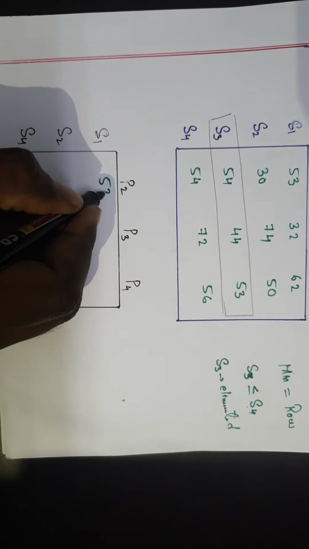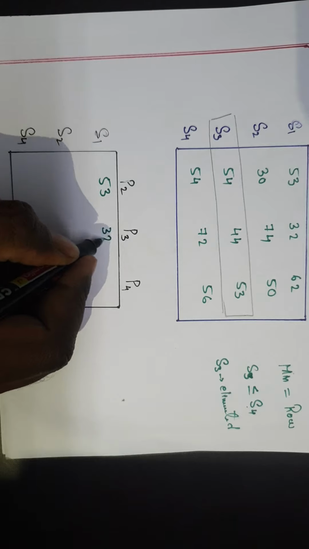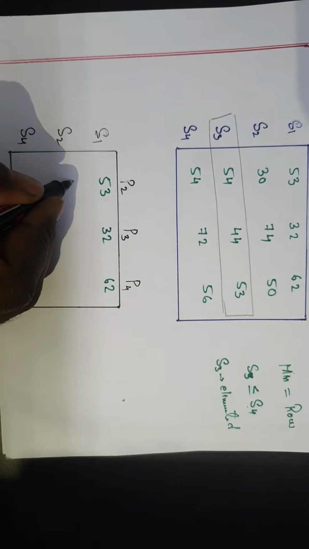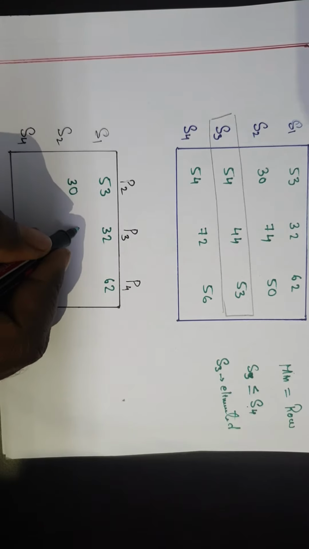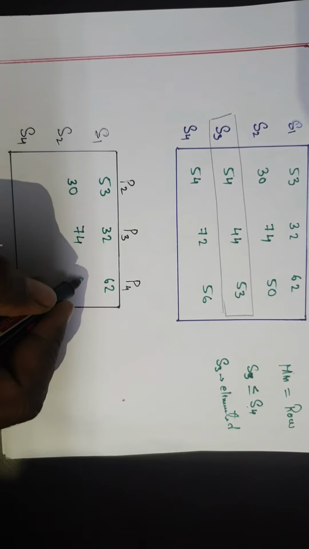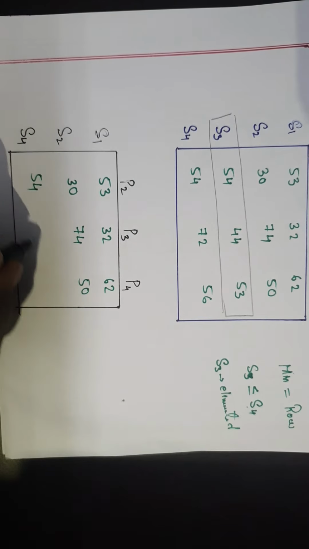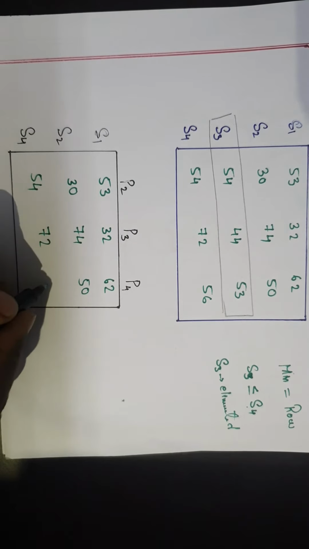Here this value is 53, this value is 32 and this value is 62, and here 30. Next one is 74, next one is 50, next one is 54, next one is 72.